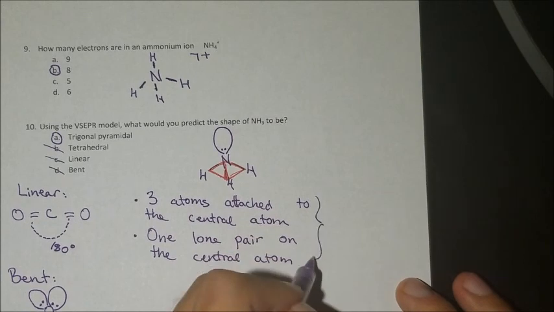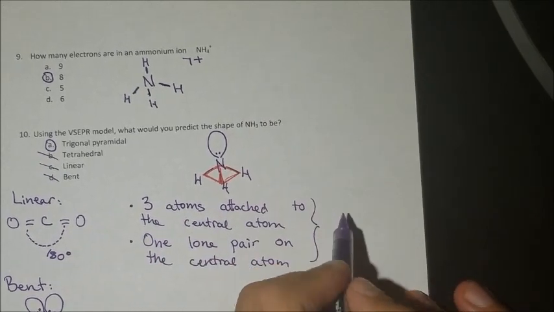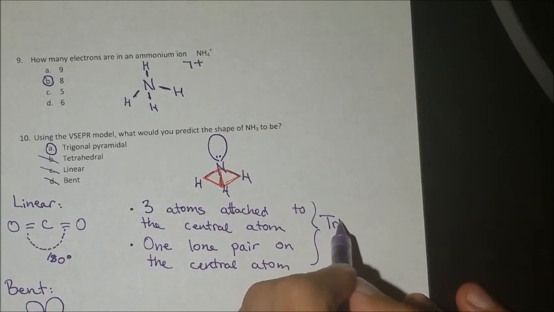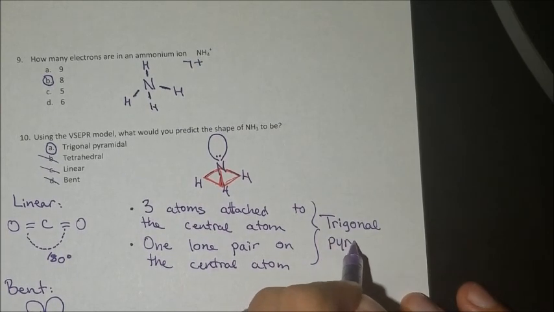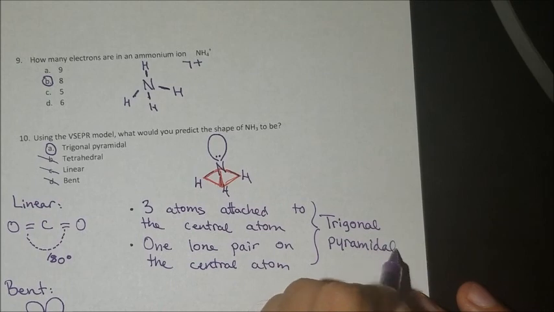So you get those two things to be true, and you now have a trigonal pyramidal geometry.